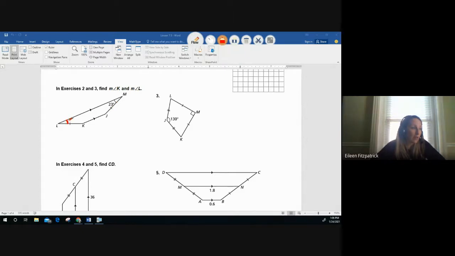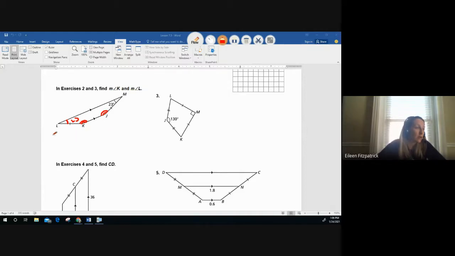So I know that angle L is 23 because it's congruent to angle M. Now, if I need to find angle K, I can either use parallel lines cut by a transversal, consecutive angles are supplementary, or these two angles are equal, so I can add 23 plus 23 to get 46, subtract that from 360, and the leftover gets divided by 2. Okay, so it's kind of up to you.